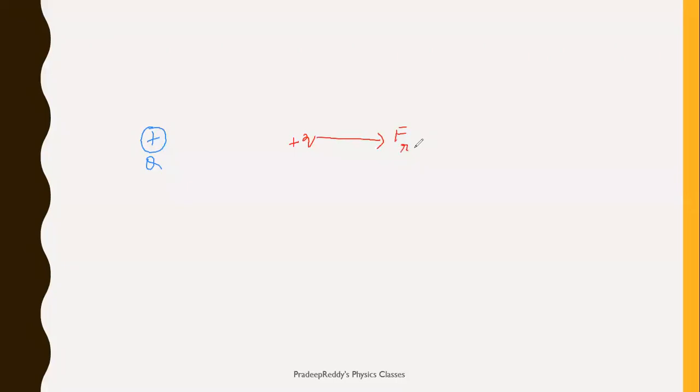Same plus q charge, you can place it over here, small q, there is a repulsive force. Similarly, same plus q charge, I can place it over here. There is a repulsive force outward. So a positive charge is having a repulsive force on small q test charge.